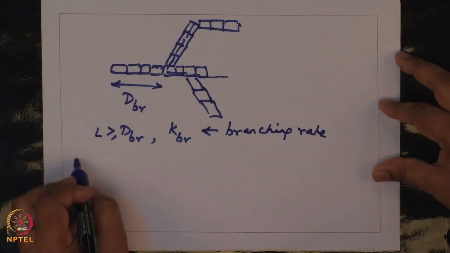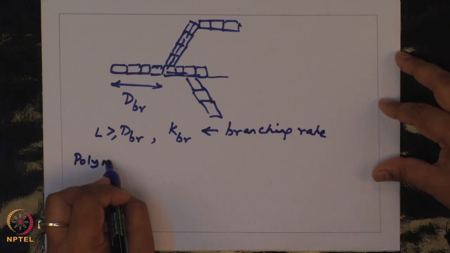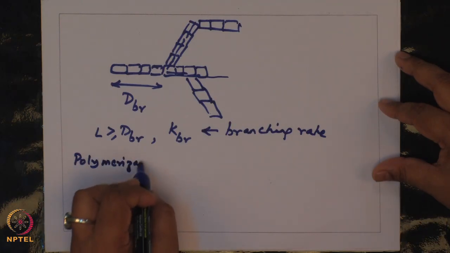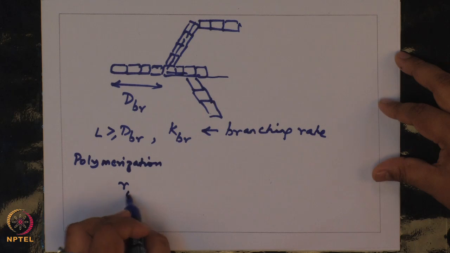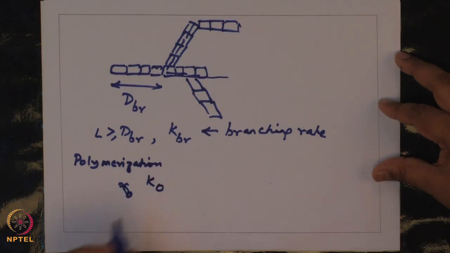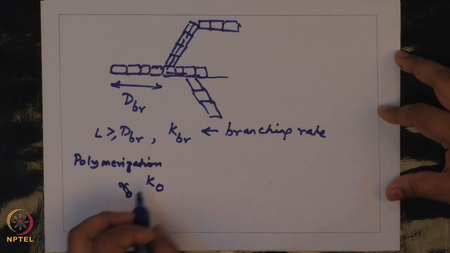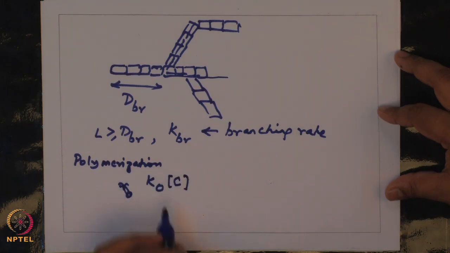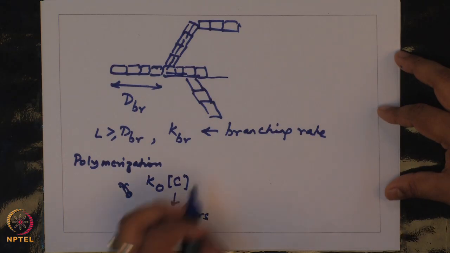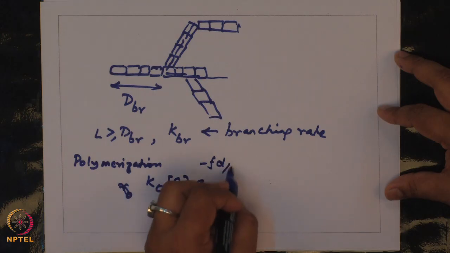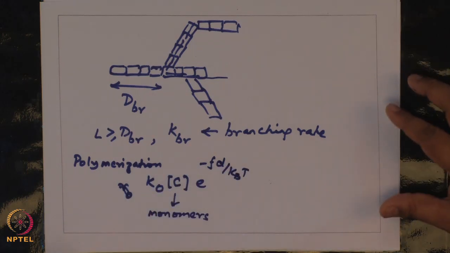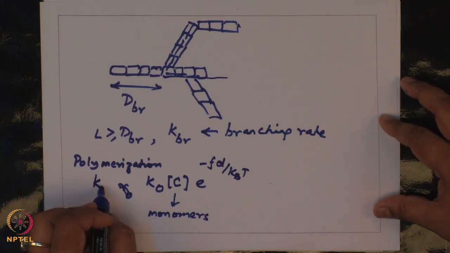The polymerization rate can be given by R on. If k0 is the intrinsic polymerization rate, and you have a concentration C of the monomers, and exponential of minus f d by kBT, that is the k on.